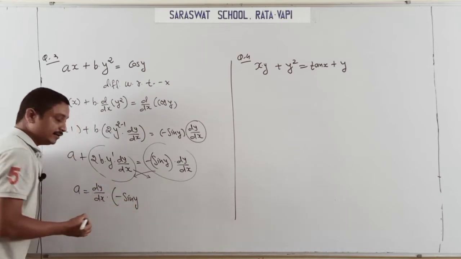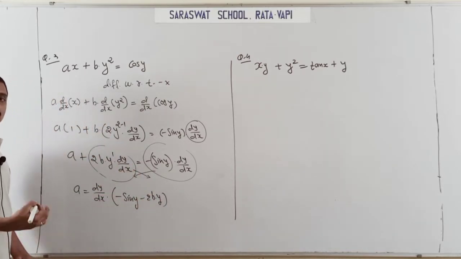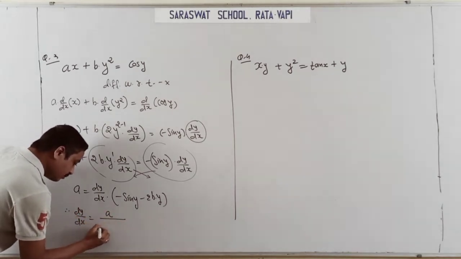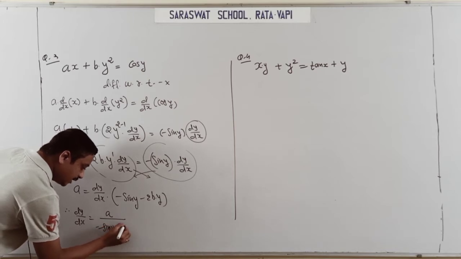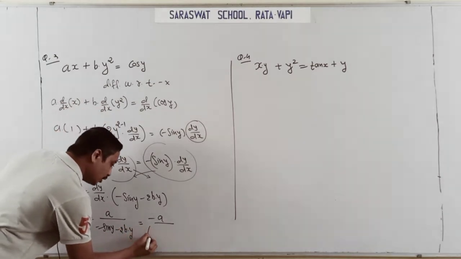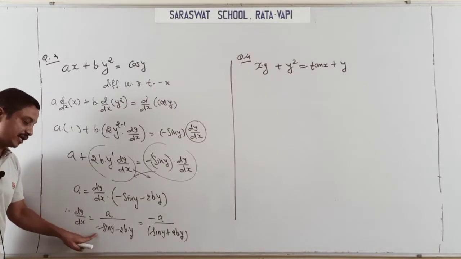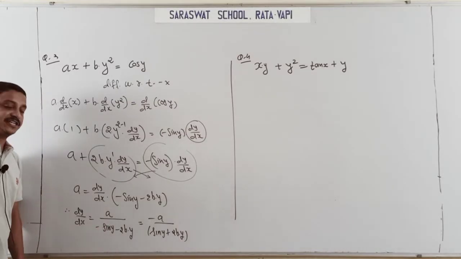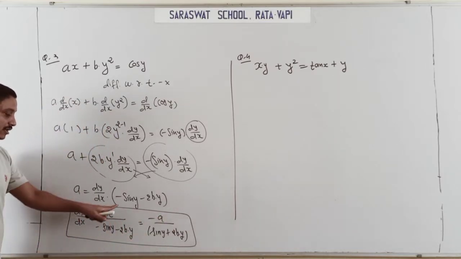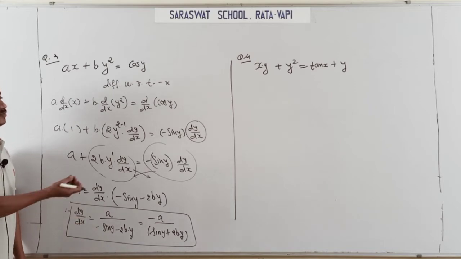Minus sin y, minus 2y, so dy by dx is equal to a upon minus sin y minus 2y. Minus is also common, so take it outside and write the upper side, only I have sin y plus 2y. Students, here minus is taken common outside and the upper side is written because both are the same. So the answer is dy by dx equals minus a upon sin y plus 2y.